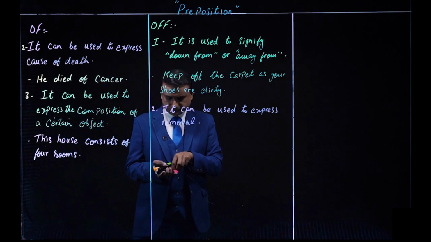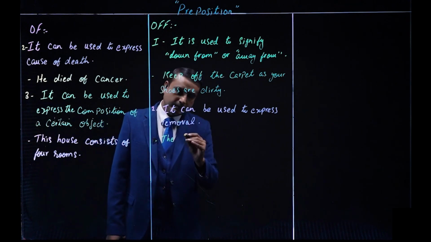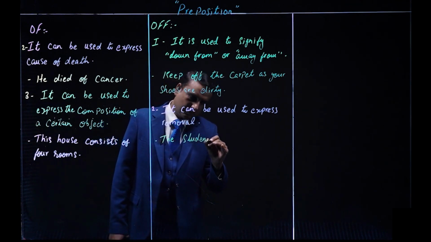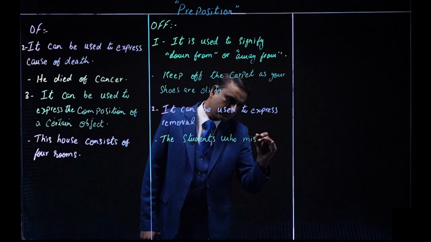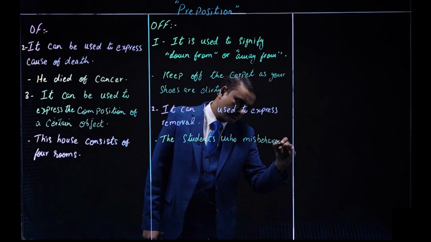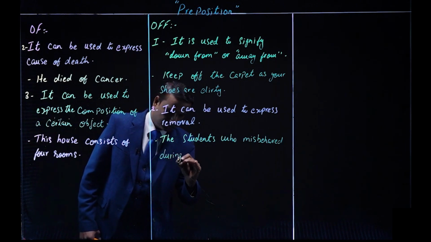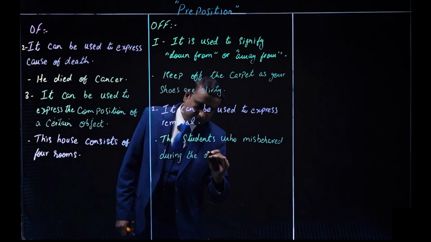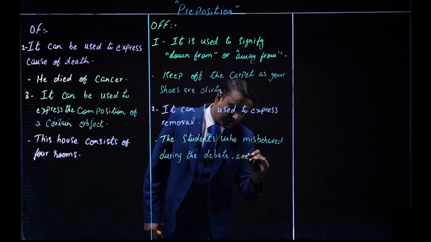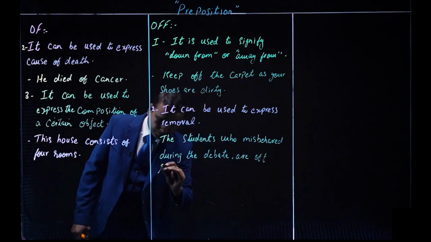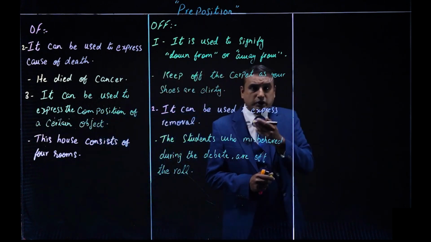For example, the students who misbehaved during the debate are off the roll. ये रोल कॉल वाला है, ठीक है, वो आपकी जो लिस्ट चल रही होती है उसको.